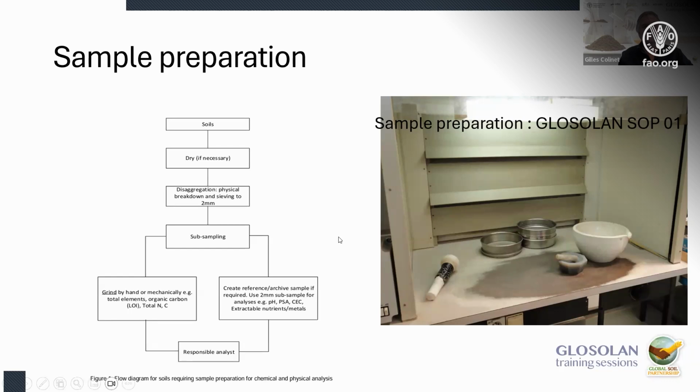Another reason why you should make a subsample is that some of the properties are measured on fine soil, which will be less than 500 microns or less than 200 microns, according to what you want to measure.